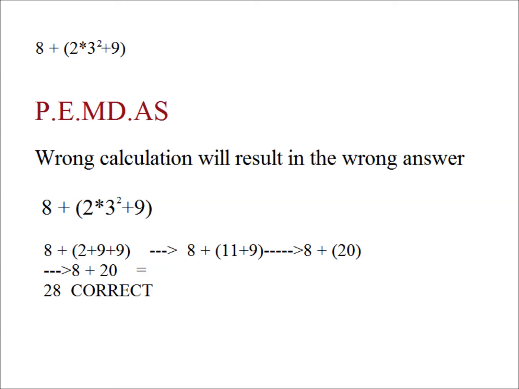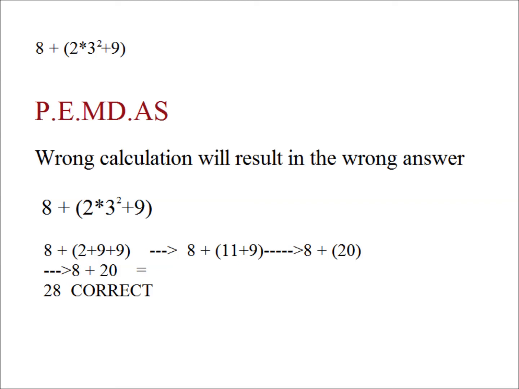Okay, so now here I've just written PEMDAS. Okay, remember, the wrong calculation will result in the wrong answer on most occasions. And see down below here, we again have the original problem. And then if we begin to solve that problem, we'll see the 8 plus parentheses 2 times 9 plus 9 end parentheses.